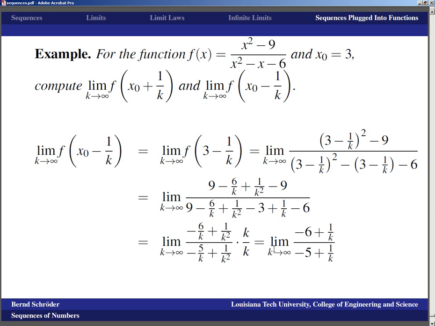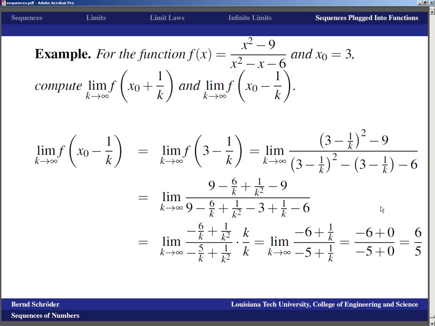Again, you multiply with k, you end up with the limit of negative 6 plus 1 over k divided by negative 5 plus 1 over k, which is negative 6 plus 0 divided by negative 5 plus 0, which is still 6/5, which means that if you approach from the left or from the right with an addition and a subtraction of 1 over k, you get the same limit either way.